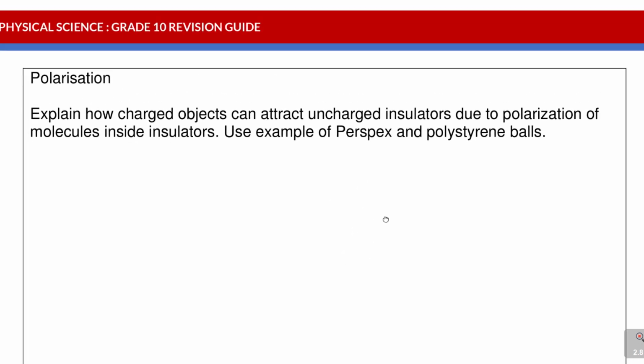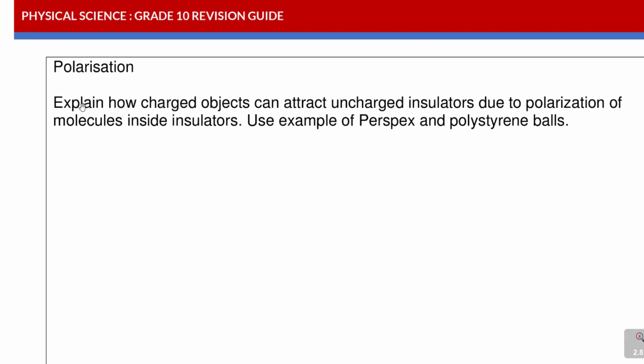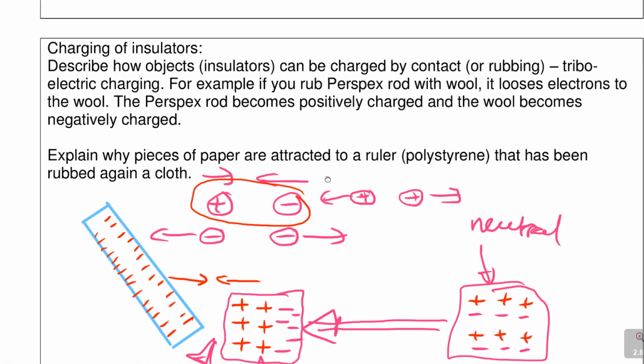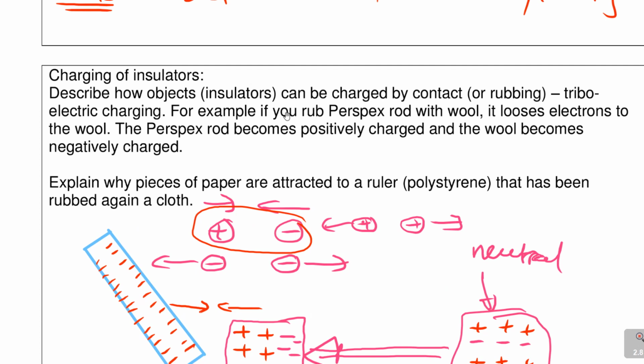Now let's explain again this principle of polarization. It says explain how charged objects can attract uncharged insulators due to polarization of molecules inside insulators. Use the example of Perspex and polystyrene. Remember in the beginning, if you rub Perspex with wool, it loses electrons.